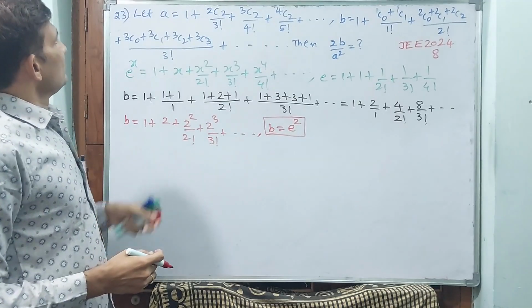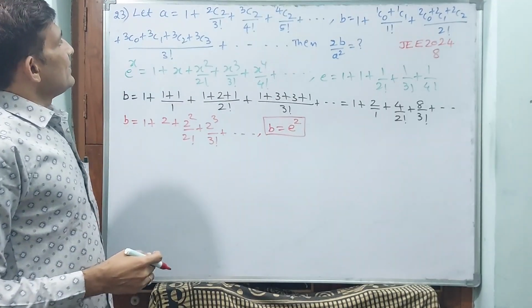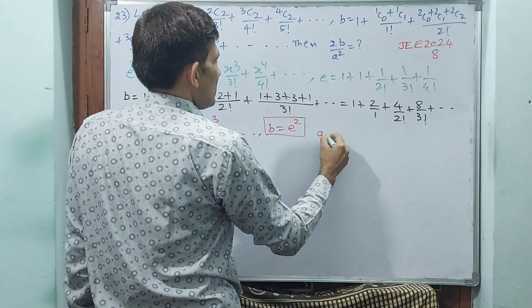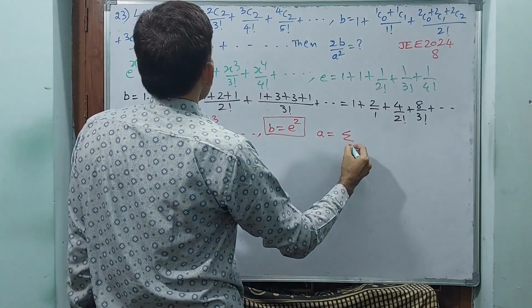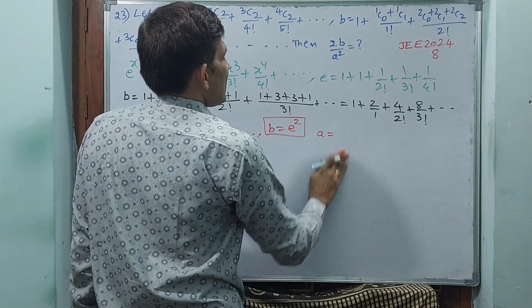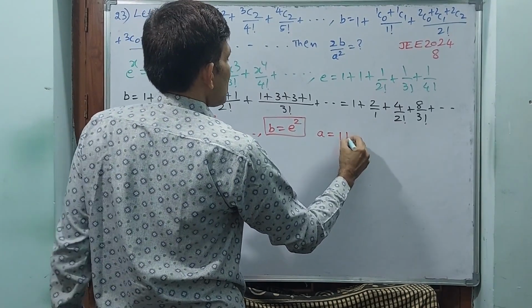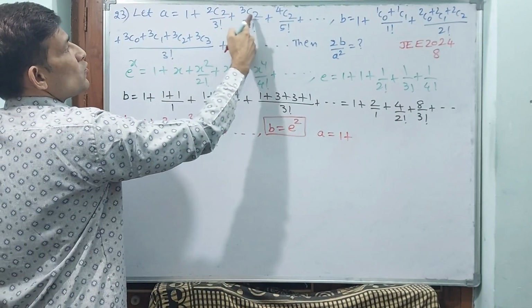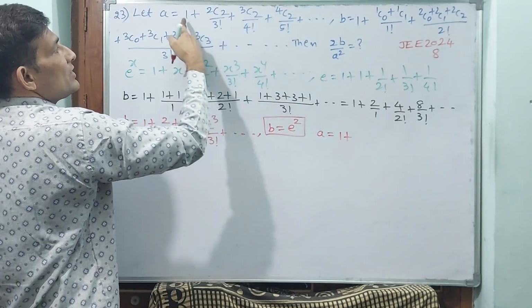Okay, now see how I am writing A. I am modifying A a little bit. You see, A is equal to, I will write like this. A = 1 + the sigma, with 1 separated out. From here onwards it will start, because 2 is there here only and 1 is there here only.